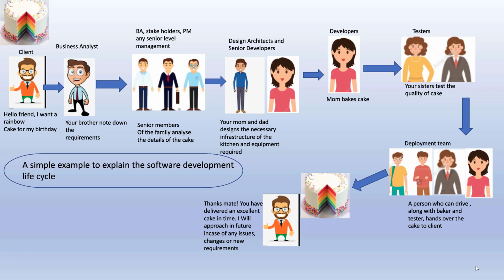We will discuss that later in our next sessions, but this is a simple example which we can relate to when we are trying to learn more about the software development lifecycle in the IT industry, and we can relate back whenever we are a bit confused and lost. So this is a simple way of learning and memorizing what exactly happens in the software development lifecycle.